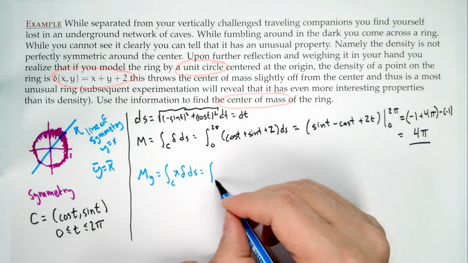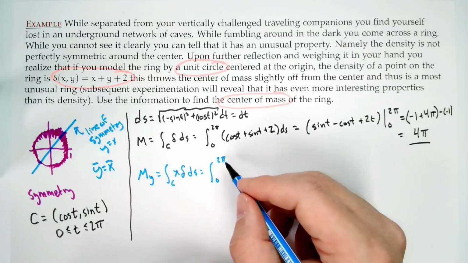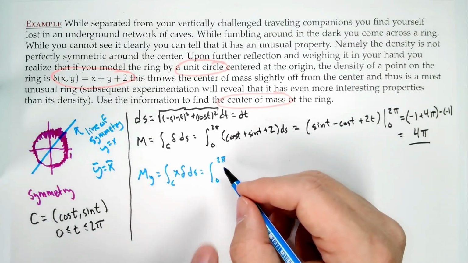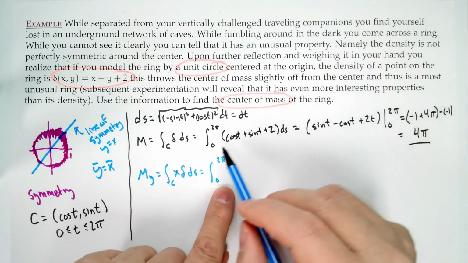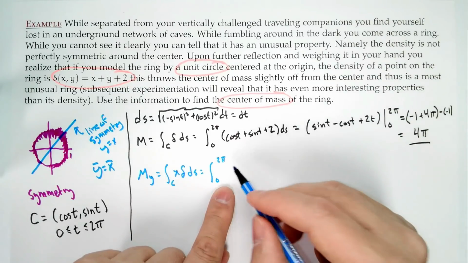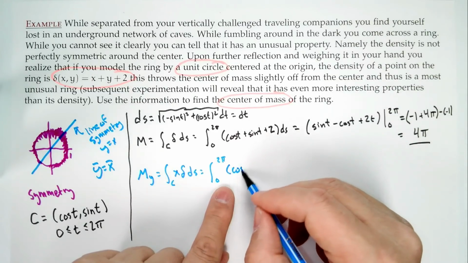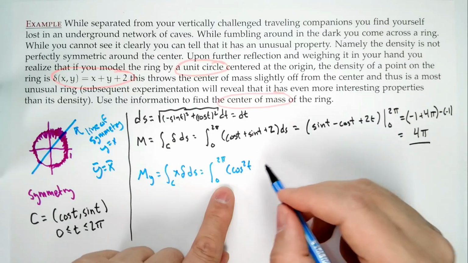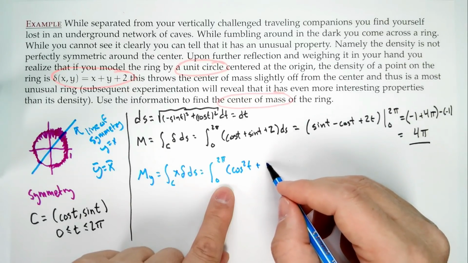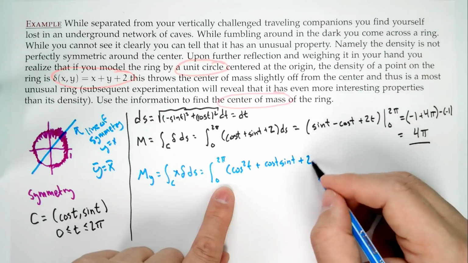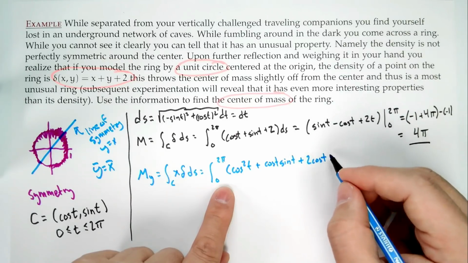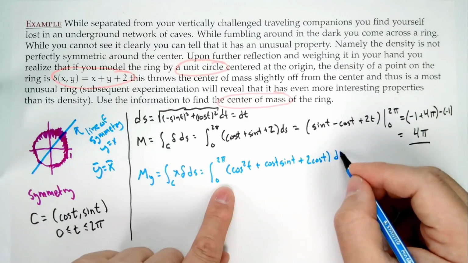So this becomes the integral of 0 to 2 pi. So this x is going to become cosine. So what's going to happen here is it's going to be the same thing except there's an extra cosine. So it's going to be cosine times cosine, which I'll write as cosine squared, plus cosine times sine, plus 2 times cosine. And that would be dt.